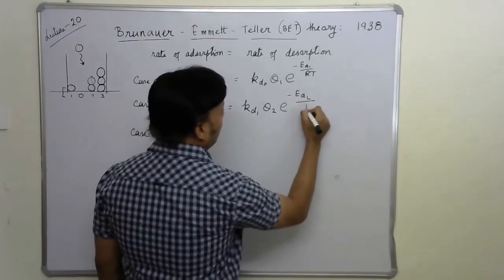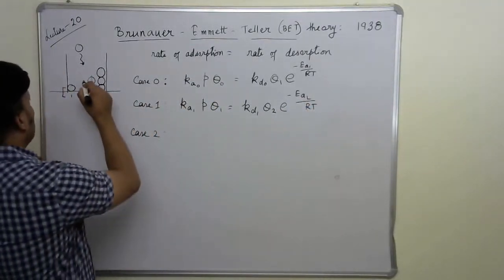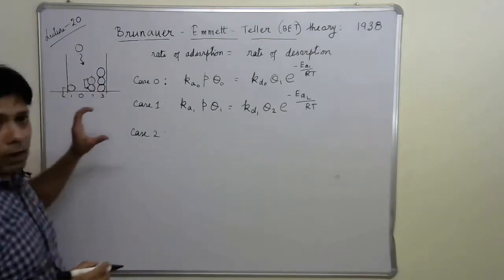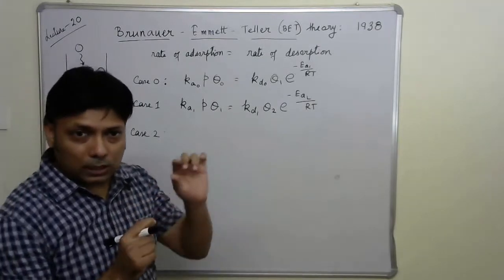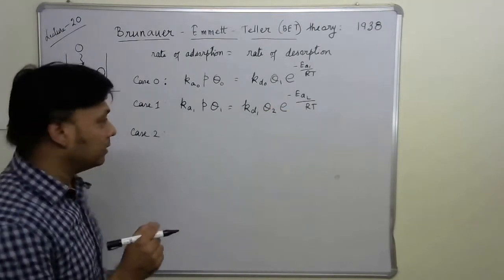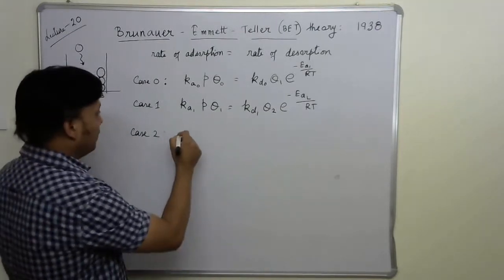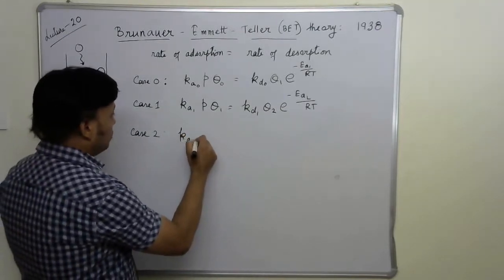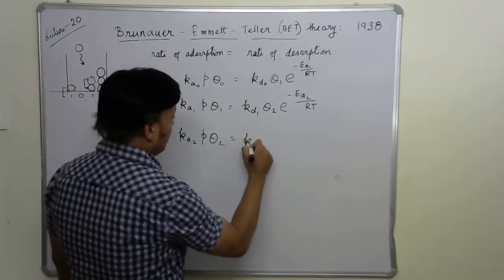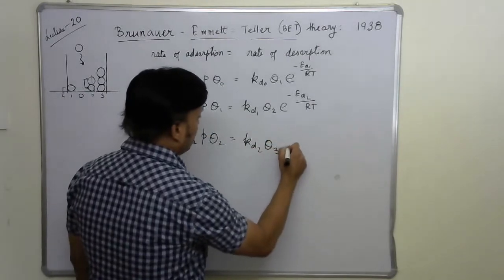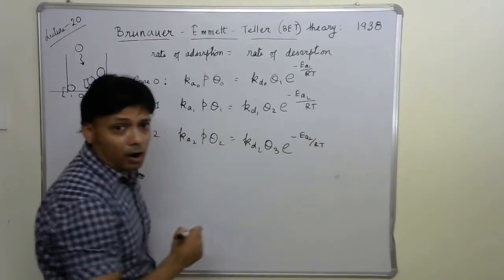Why EAL? Because now we are considering the interaction between two molecules, which is equivalent to the molecular interaction between a liquid. So it's a liquid-liquid interaction, so minus EAL, that's why. And then for case 2, we have Ka2 P theta 2 is equal to Kd2 theta 3 e to the power minus EAL divided by RT.